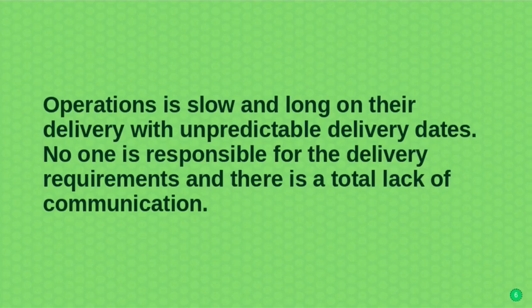So this says operations is slow, it takes them a long time to deliver. They're unpredictable, and so the mix here is you've got this combination of development people and operations people, and I guess my favorite way to describe DevOps is just in a quote. Remember when we used to work together?